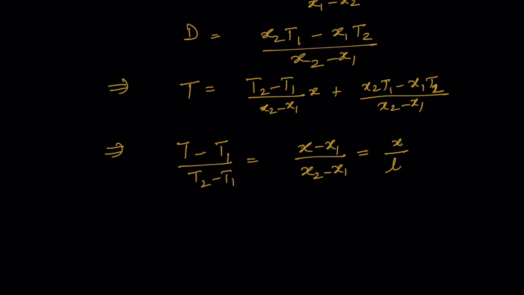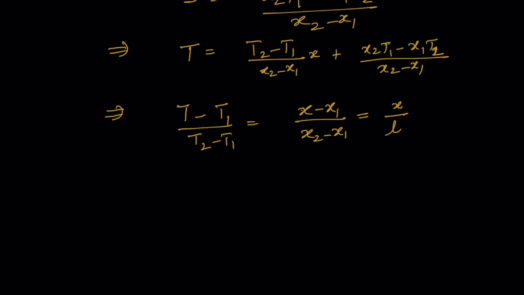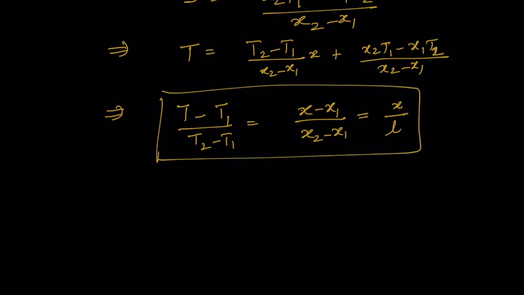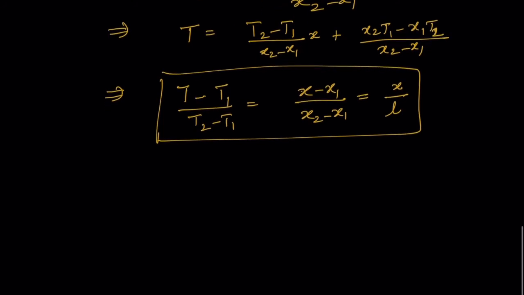Okay, and where L is the thickness of the solid. So this is how the temperature distribution you can write, right? So now Q, you can find out, Q equals dq by d tau, is equal to minus Ka del t by del x.